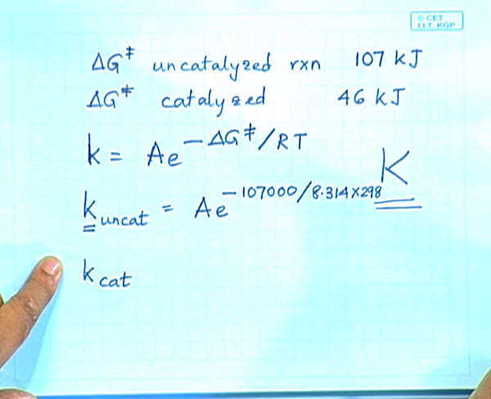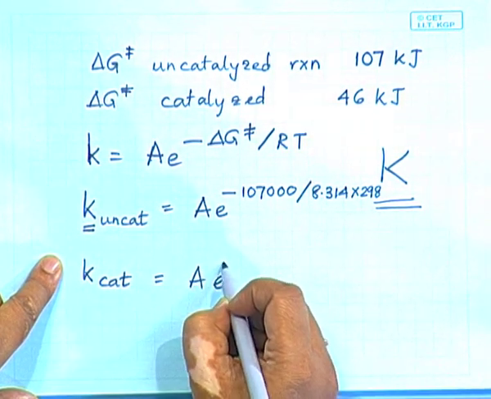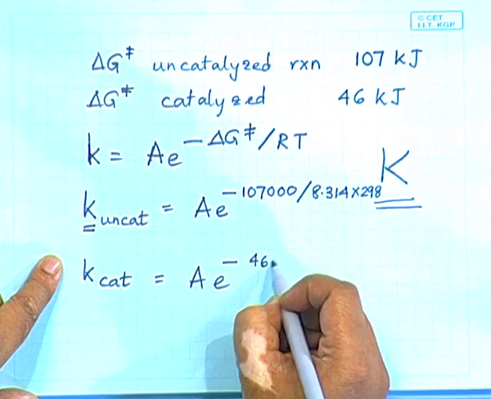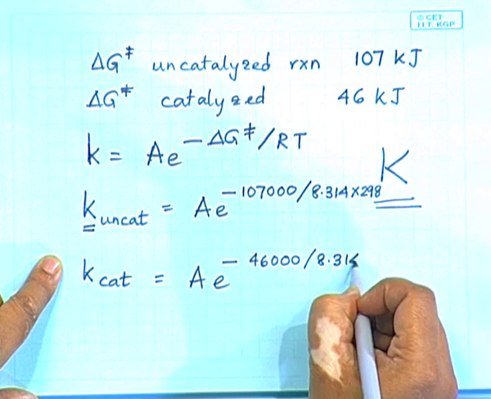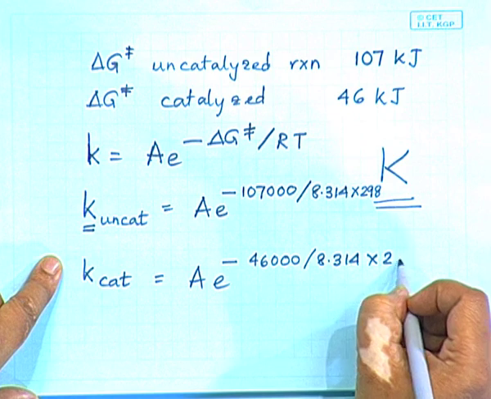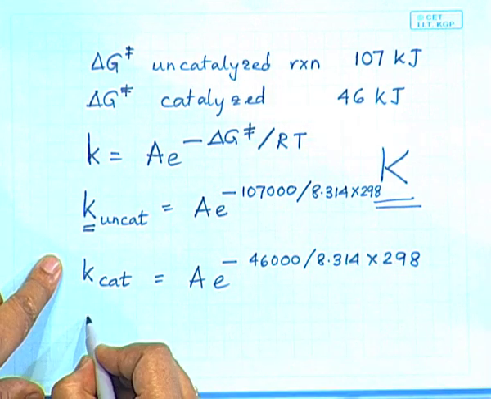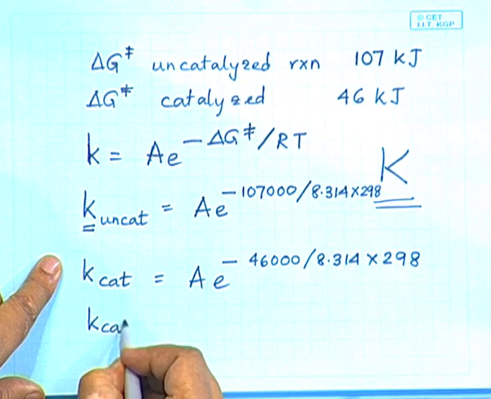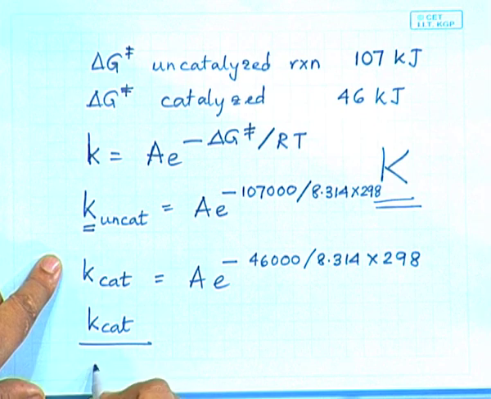298. Fine. What about my catalyzed reaction? A e to the minus 46,000 by 8.314, remember to use the right R also, times 298. So, I can find out how the rate has increased for the catalyzed reaction as compared to the uncatalyzed reaction.